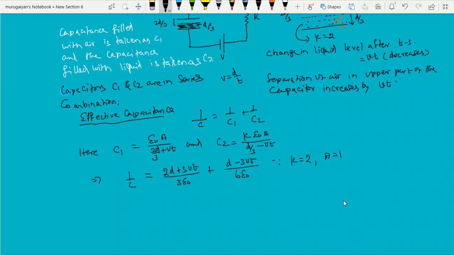We need the capacitance C equal to the reciprocal of this, and we have to take the LCM first, then simplify.